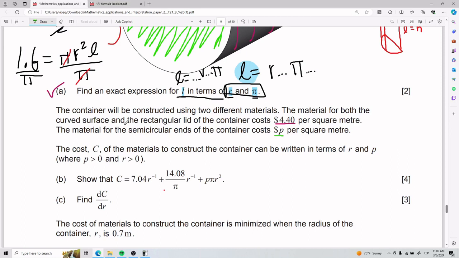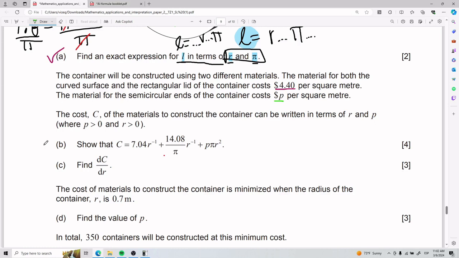For part B, we need to show that the cost of the container is this whole thing here. You guys, whenever they put the words show that, it means that this is a fact.